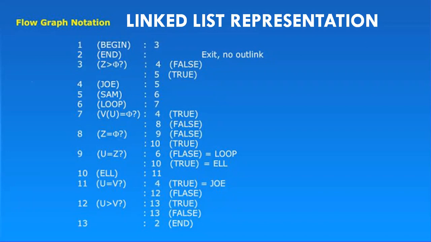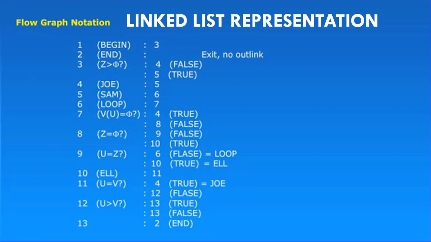So in the linked list representation, each node will have a name. These are the names, and there is an entry on the list for each link in the flow graph. So only the information that pertains to the control flow is shown.